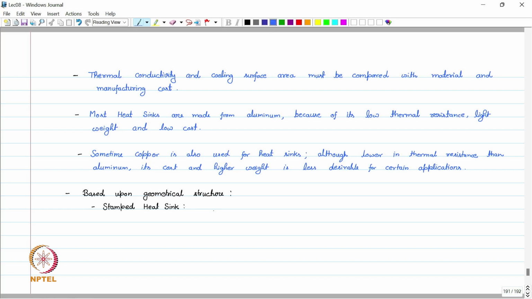These are made from a single sheet of metal, cut and bent to desired thermal properties.